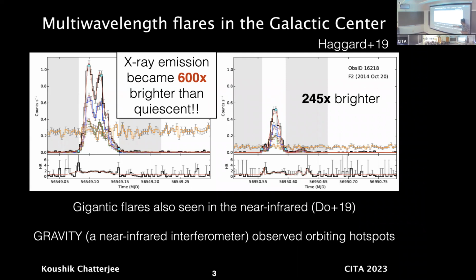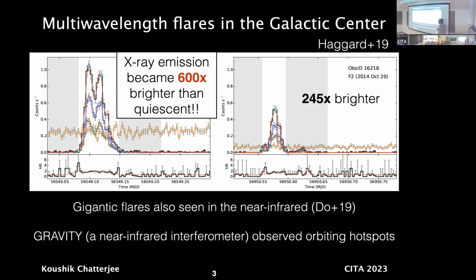Now, big flares have also been seen in the near infrared. This is the Do et al. paper, where the usual minimum flux that Keck can see is around 1 millijansky, or 0.1 millijansky, and it increased to 60 millijansky.